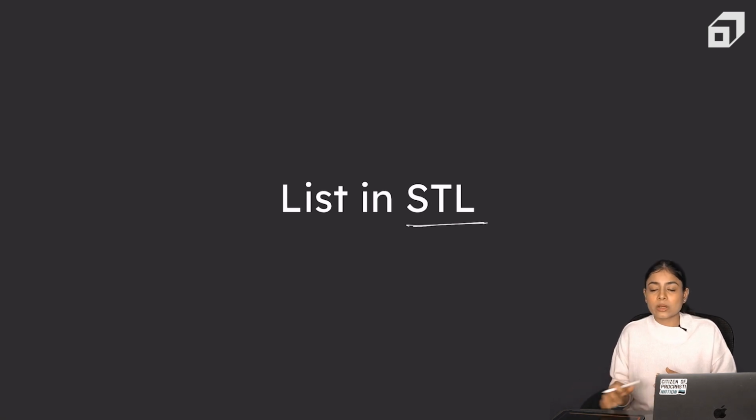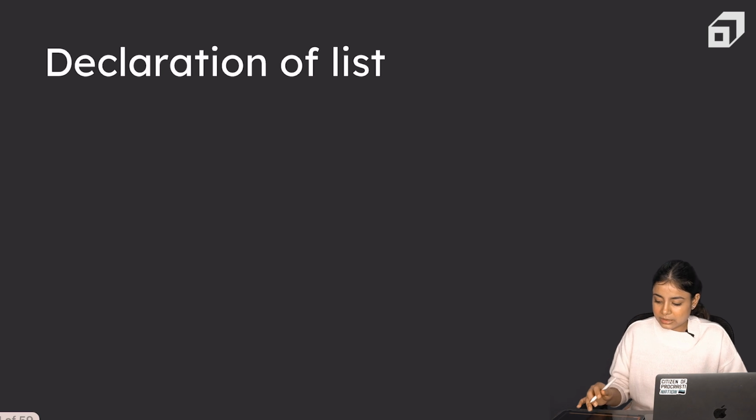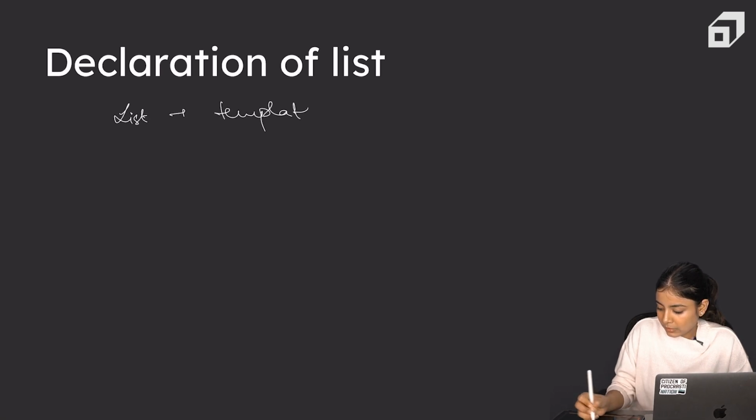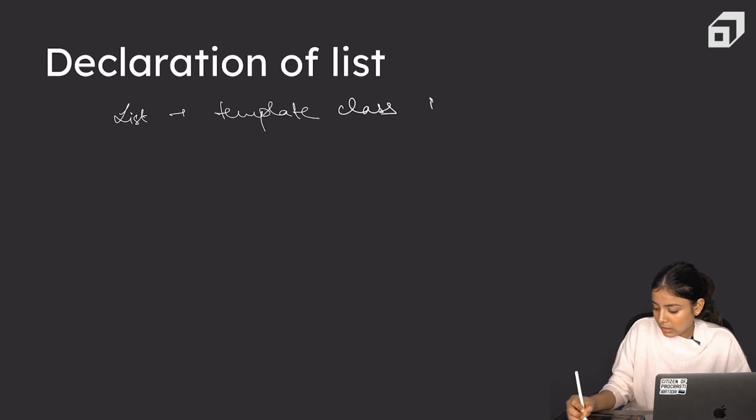And list is one of the template classes that is present there. So we can say that list is the template class in the standard template library for doubly linked list.